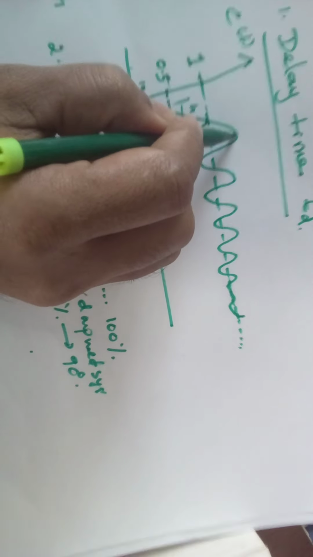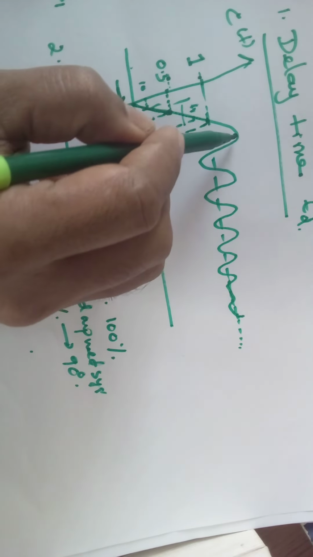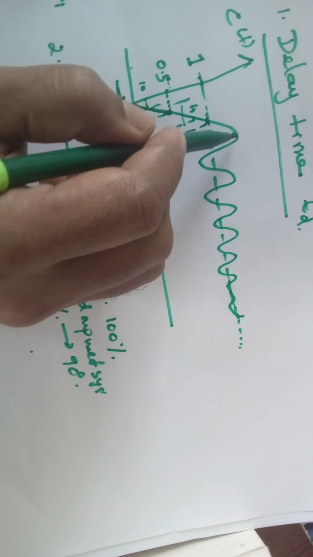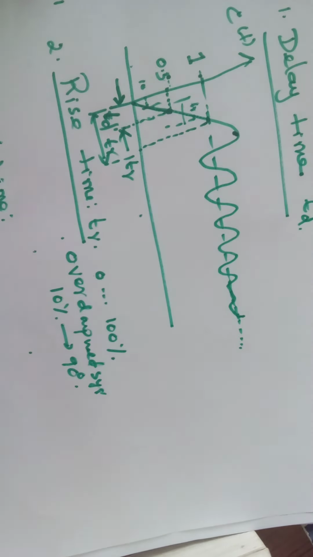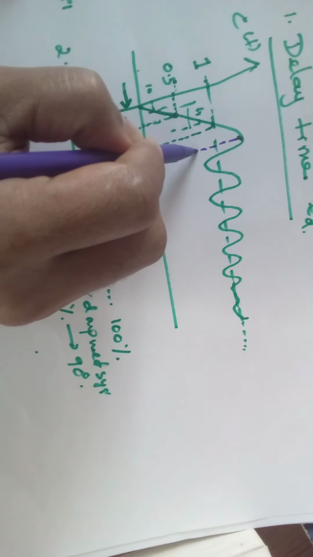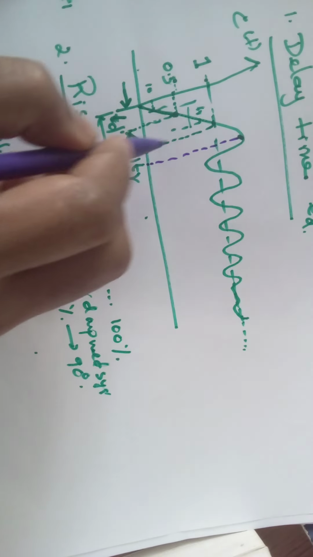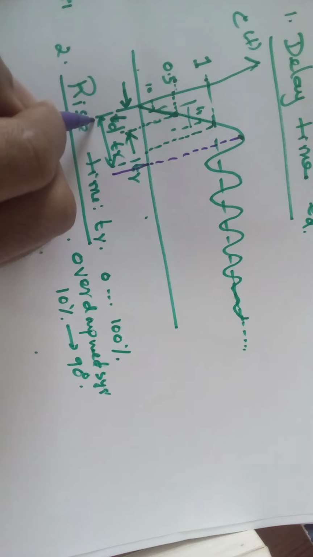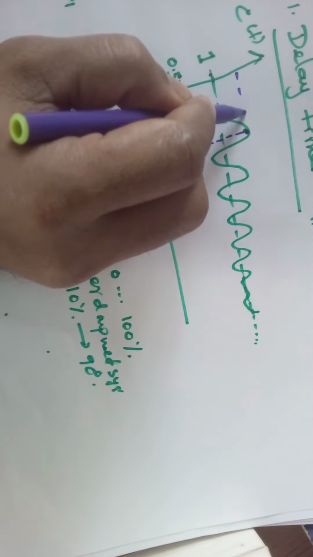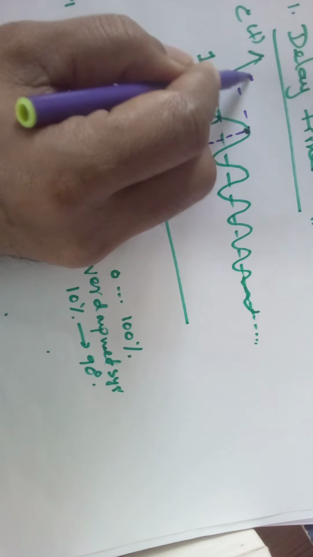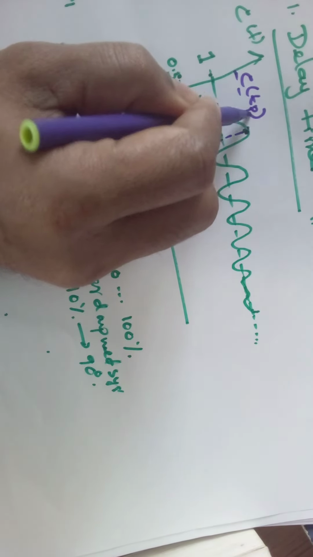This is the peak value. In this diagram, this point represents the peak value of the response. The time taken for the response to reach its peak value, or the maximum value, is called its peak time. This time is now called TP, or peak time. Understood? This is your maximum point, which we represent as C of TP.